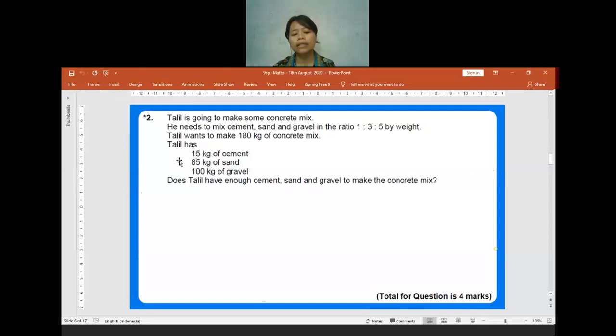Now Talil only has that much kg. We need to check if the mixture in here is enough or is there anything that is missing from here. Like does he have enough cement, does he have enough sand, or does he have enough gravel or anything. We need to check it. Now we already have in total 180 kg.